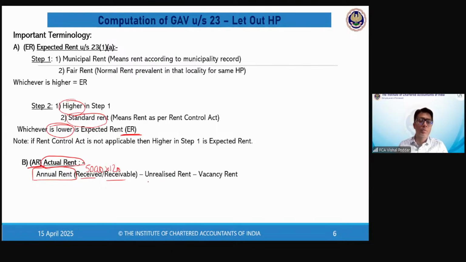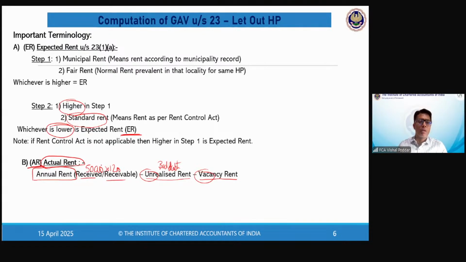Fine. Now from this annual rent, you have to deduct two types of rents. One is the unrealized rent, which in our simple accounting sense is your bad debts. And second is the vacancy rent, that is, the rent for the period when there was no tenant and the property was lying vacant.